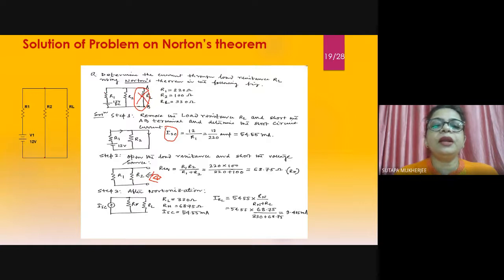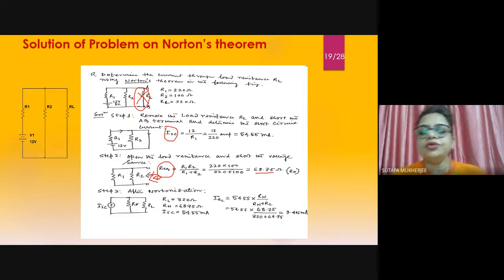R2 and R1 are parallel, and short the battery. So R1 R2 divided by R1 plus R2 is the equivalent, that is R Norton. Putting in the values of R1 and R2, this is 220 and 100.